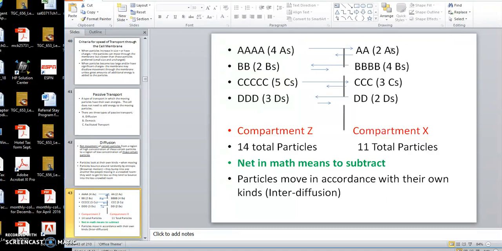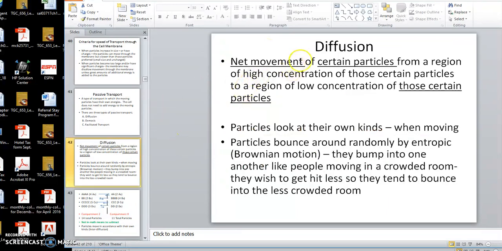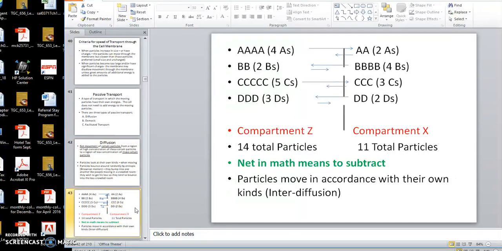Now, a technical point. Once they have reached the state of equilibrium, there's no longer any diffusion. Let's go back to the definition: net movement of particles. If you have as many on one side as the other, you no longer have a net. It becomes zero, and if you no longer have a net, you're not doing diffusion. You still have motion back and forth, but you're not having any diffusion, because diffusion means a greater movement in one direction than the other.